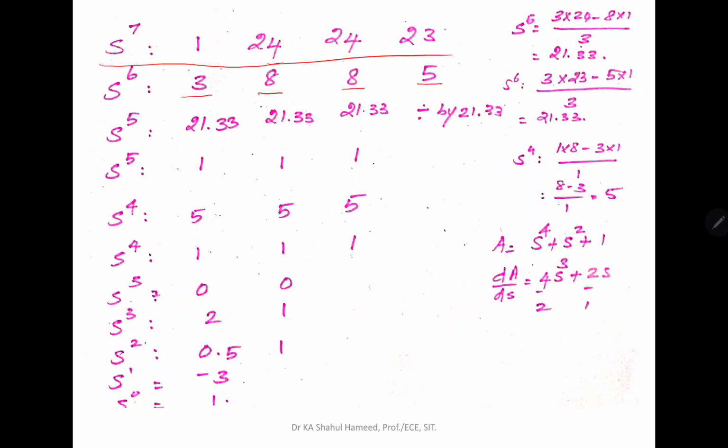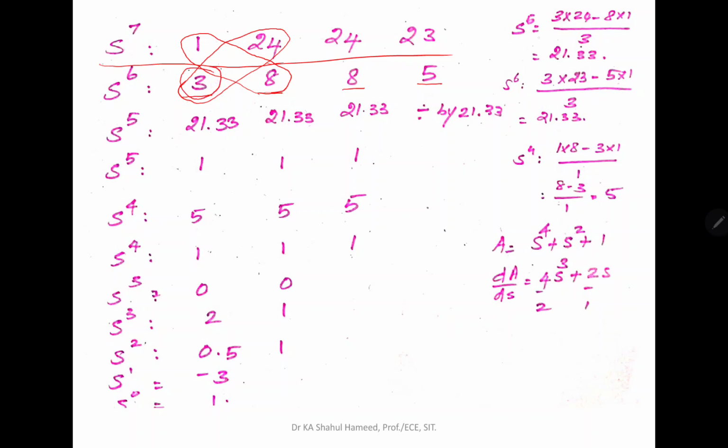after dividing the entire row by 3. Now we have to form the third row, that is s power 5. This can be determined by multiplying 3 and 24 minus 8 into 1 divided by 3.